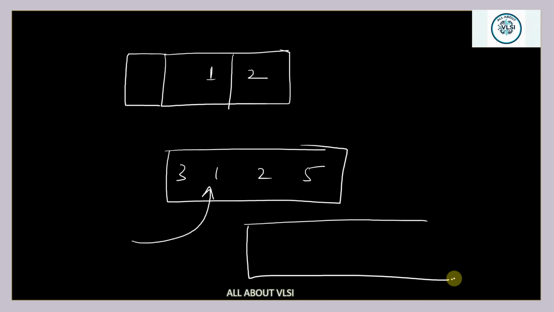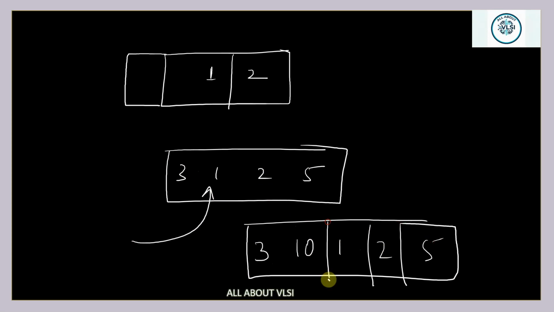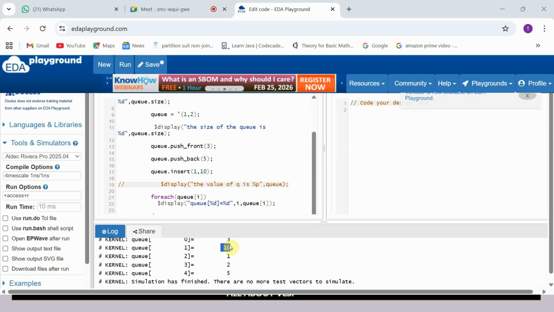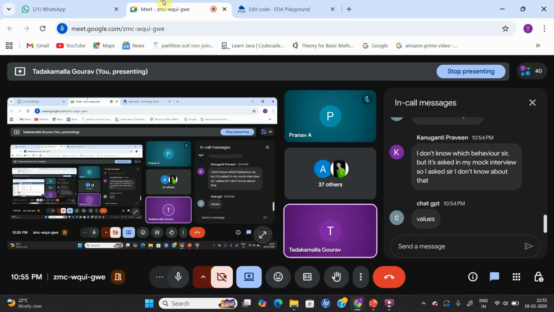So the queue size has been increased and the element has been inserted and the other elements are shifted towards right. So this is how your queue is going to increment dynamically. If you are trying to insert any element, then overriding is not going to happen. I think now your doubt is clear, right, ChatGPT?